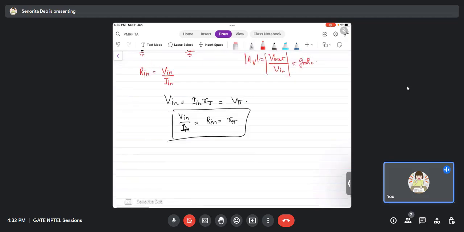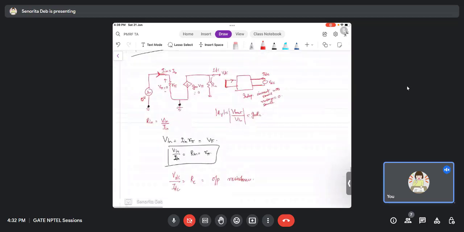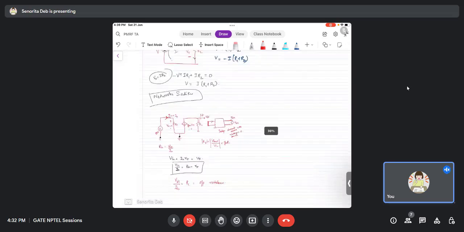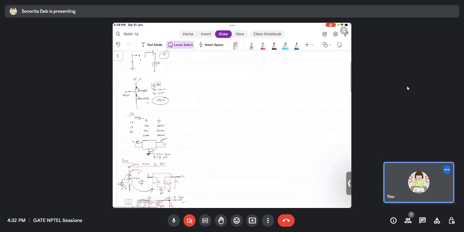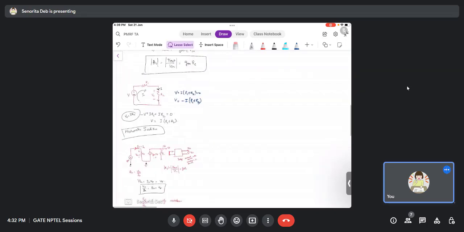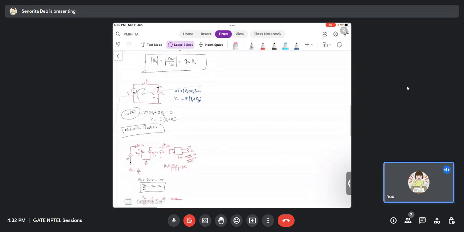Thus VDC by IDC is RC, which is the output resistance. Now, if there is any other resistance in parallel to RC, it will be a parallel combination. So please quickly write all this. Let me just remove the unwanted explanations.